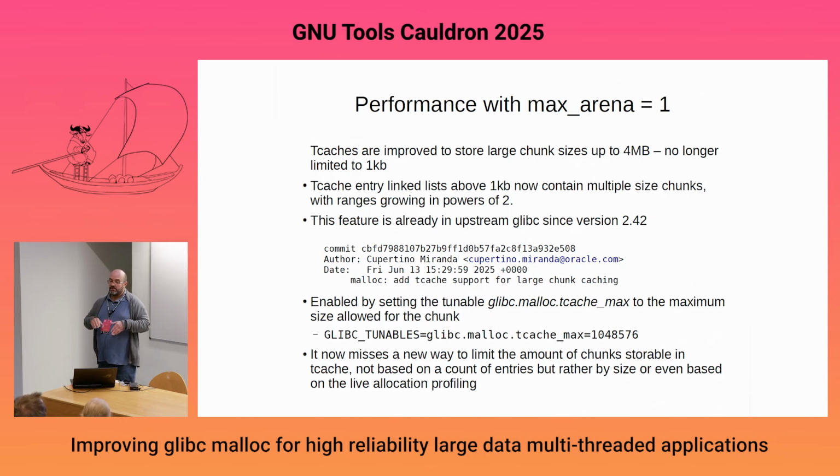Then, when traversing the list of entries in the Tcache, you can verify: oh, this is an old chunk, so I'm going to send it back to the arena, because if no one used it until now, it's unlikely that something will use it, so I'll give it back. And that would be more or less the strategy.